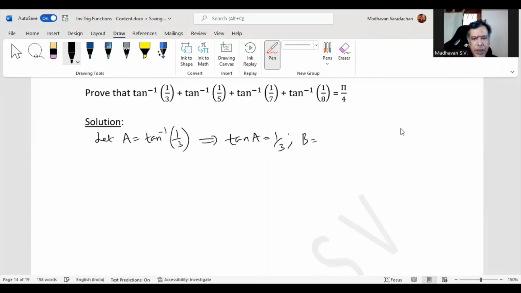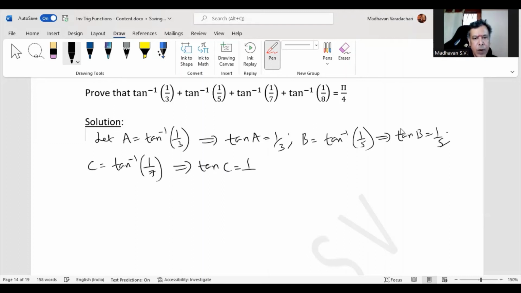Similarly, let B equal to tan inverse of 1 by 5, which means tan B is 1 by 5. Same way, C, we are going to consider tan inverse of 1 by 7. That means tan C is equal to 1 by 7. And let D equal to tan inverse of 1 by 8, which means tan D is 1 by 8.